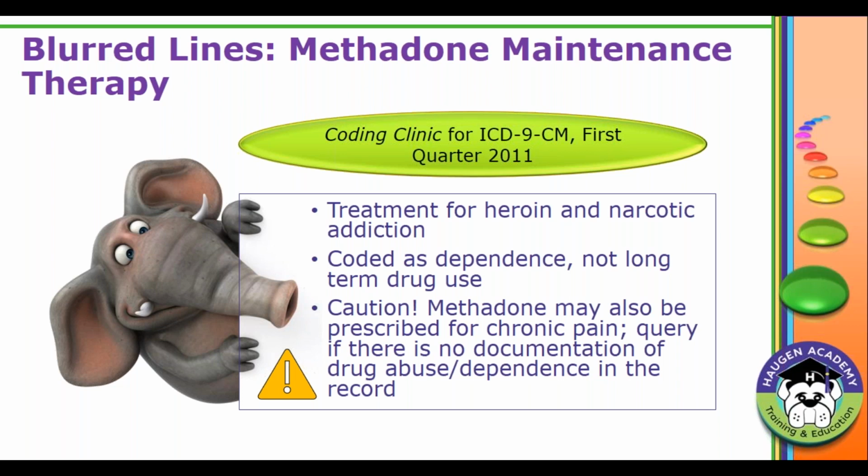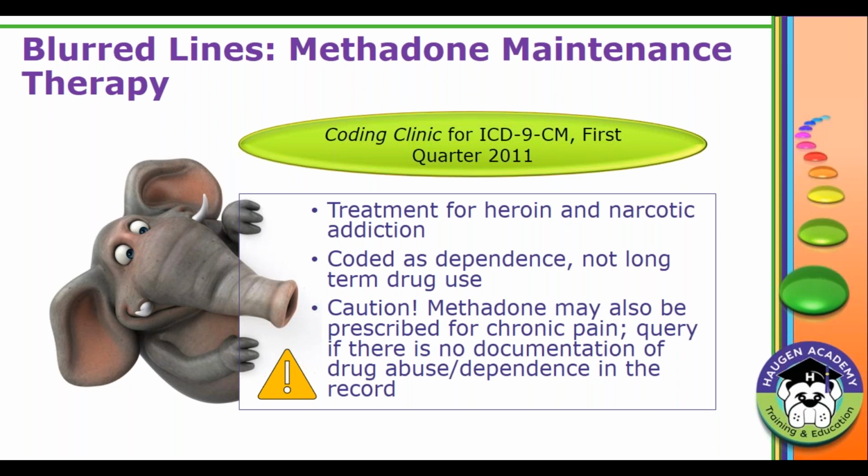The Coding Clinic article says that if a patient is on methadone maintenance therapy for substance dependence, then you code it as dependence and not long-term drug use. That was the question: should this be a Z code for long-term drug use, or should it be dependence? They're saying code it as dependence.